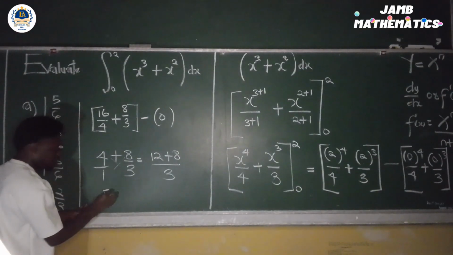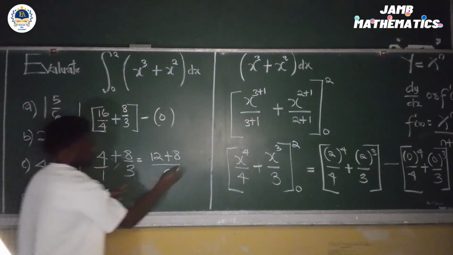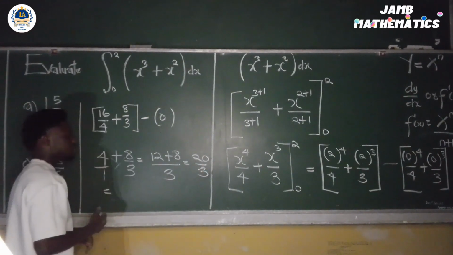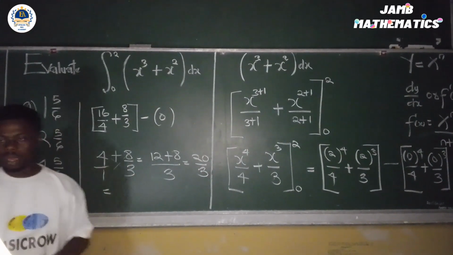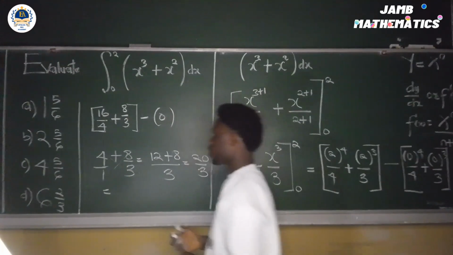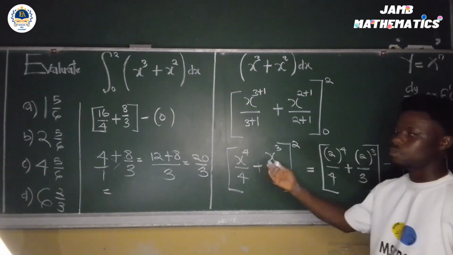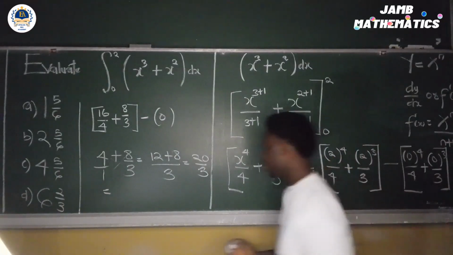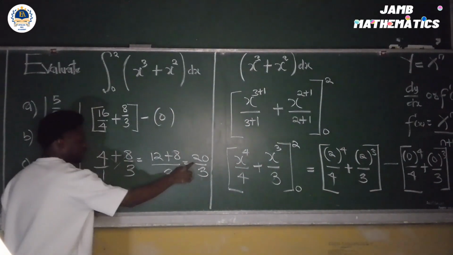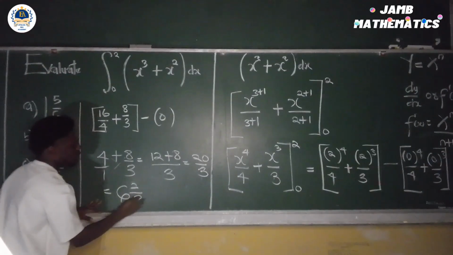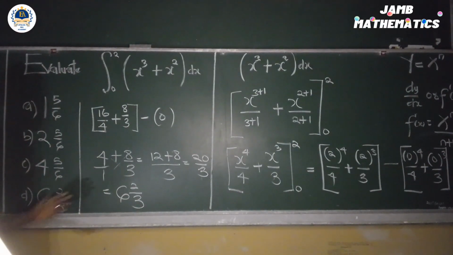So this plus this gives 20 over 3. So the answer is 20 over 3, but in the options, we are given whole numbers. So we can change this improper fraction to a mixed number. Now 3 goes into 20 how many times? 6 times, it will remain 2 all over 3. So the correct answer is 6 whole number 2 over 3, and the correct option is D.